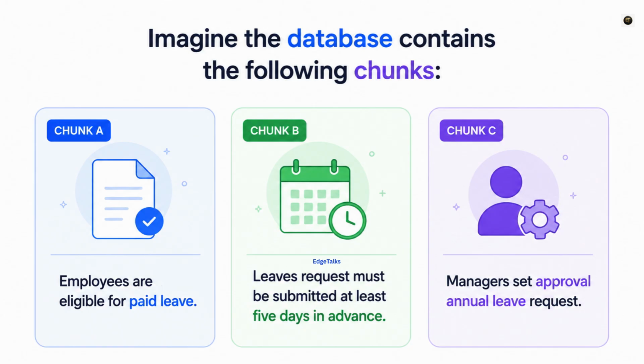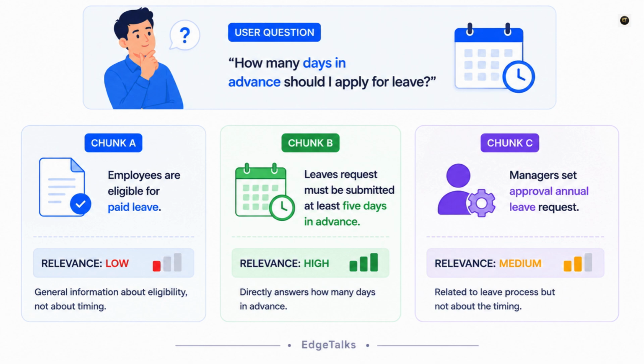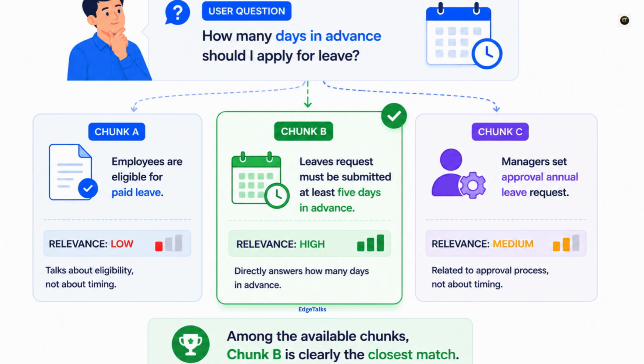Chunk B, employee requests must be submitted at least 5 days in advance. And chunk C, managers approve annual leave requests. Although the three chunks are related to leave policies, they are not equally relevant to the user's question. The question specifically is asking how many days in advance should I apply for leave.